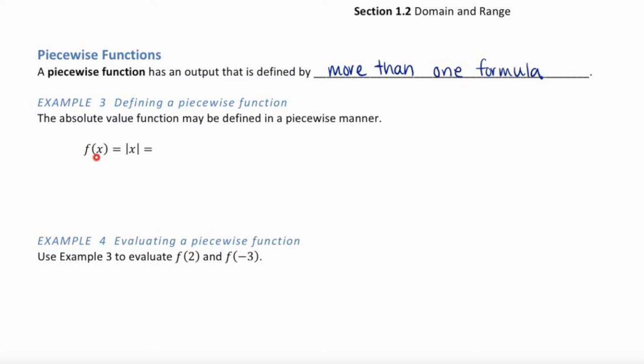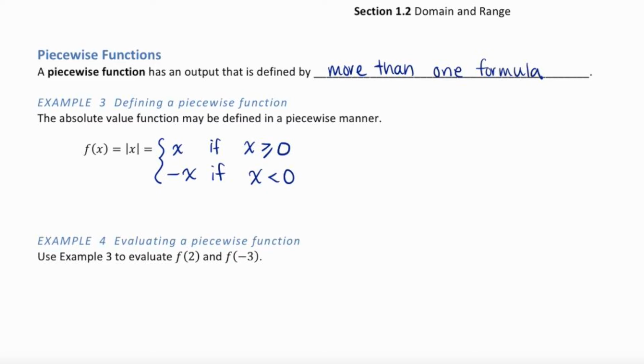We have f of x equals the absolute value of x. And what does this equal? We get just x if x is positive, so greater than or equal to 0, or actually non-negative because 0 is included. And this equals -x if x is less than 0.